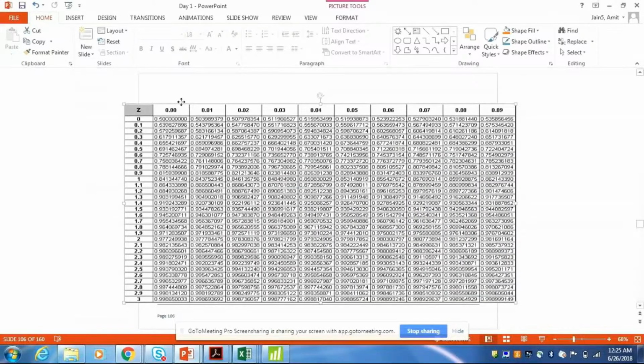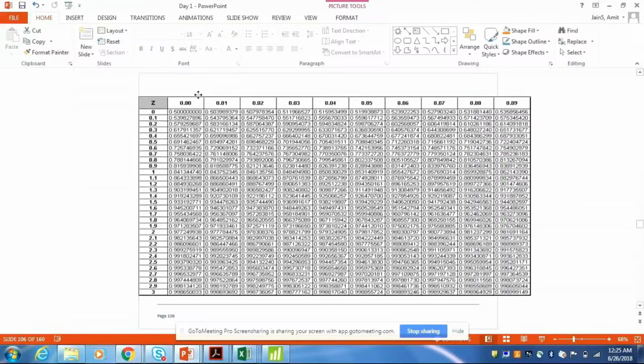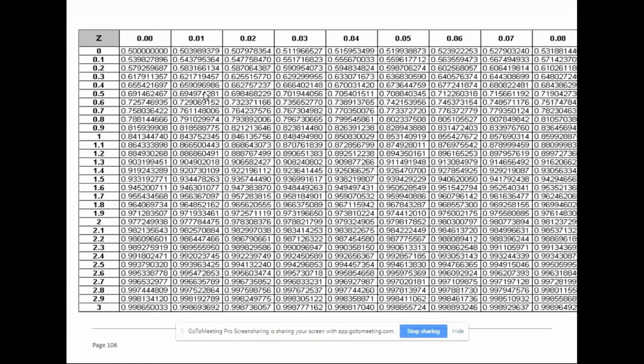What is the value that we wanted to find out? 2.17. So where is 2? This is the value for Z, so this is 2 right here. And these columns are for the second decimal place.